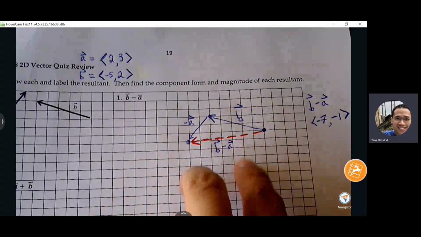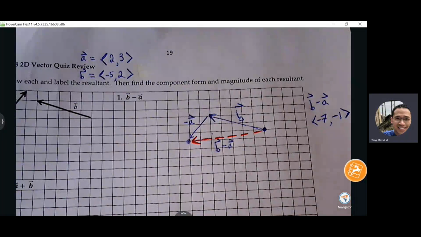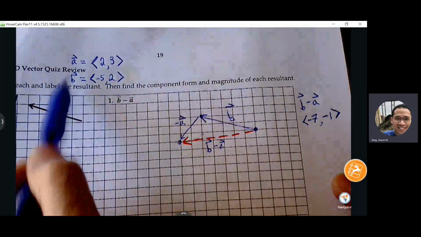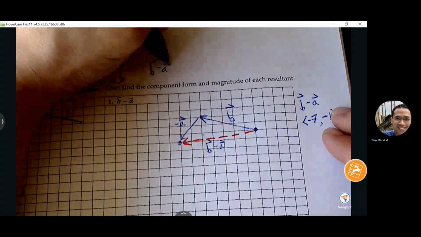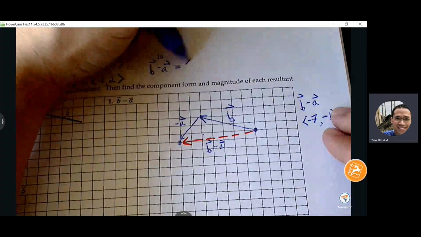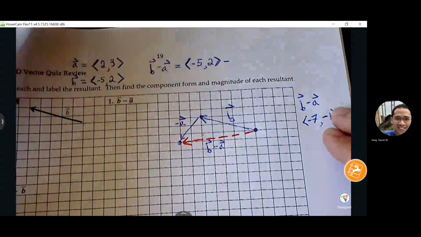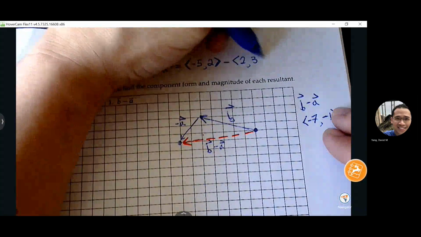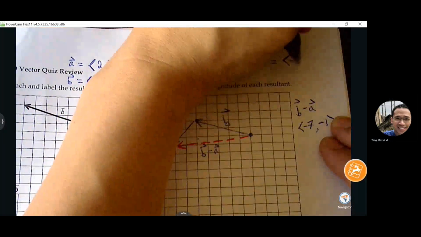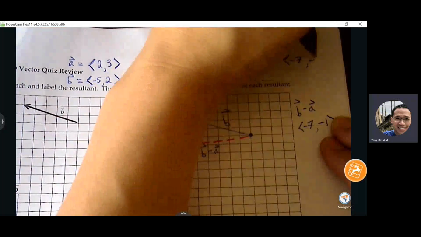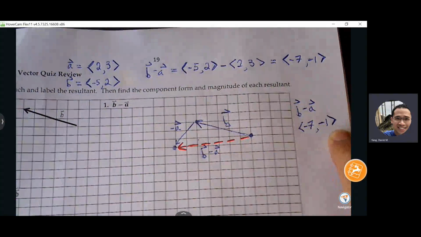This feels more cumbersome because we got to graph it, but there'll be a few where you have to graph, and it's nice to be able to confirm your answer in component form. I'm just going to show that work there. You don't have to on the quiz, but I just want to show you that everything should line up. So negative 5 minus 2 is negative 7. 2 minus 3 is -1, so it lines up either way, algebraically or graphically.